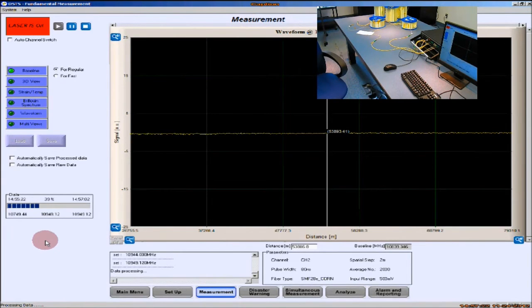It's taking a little bit longer now to do the calculation than it did before because we've made our spatial resolution tighter, now only 2 meters. So there are more data points over which to make the calculation. However, it is still less time than it actually takes to gather the data. And in a moment, you'll see our baseline reading.